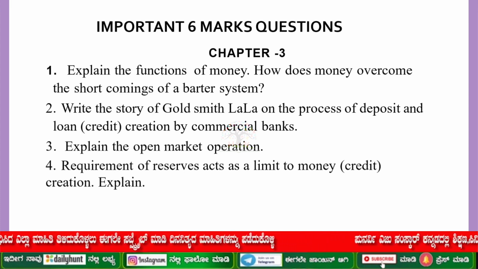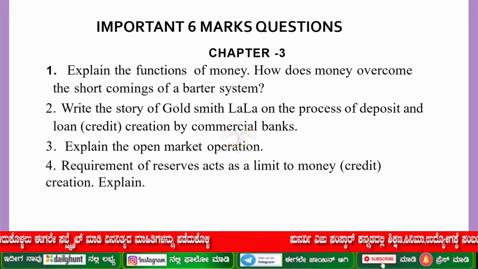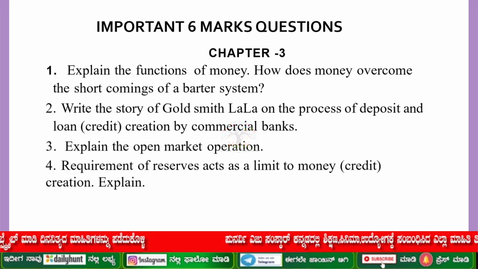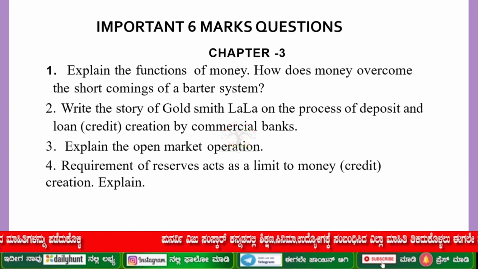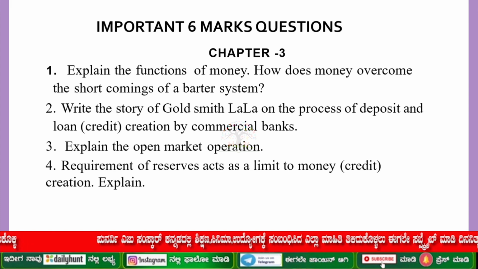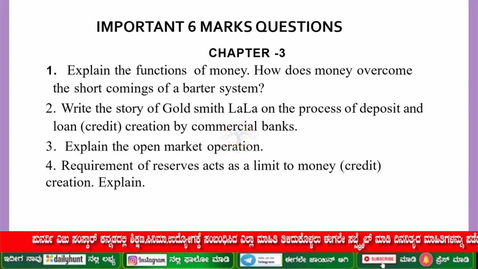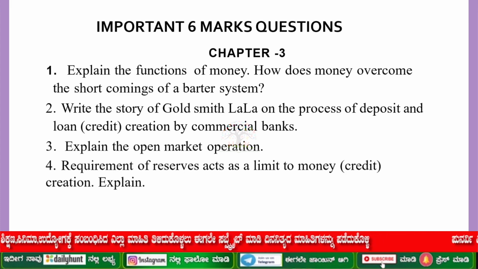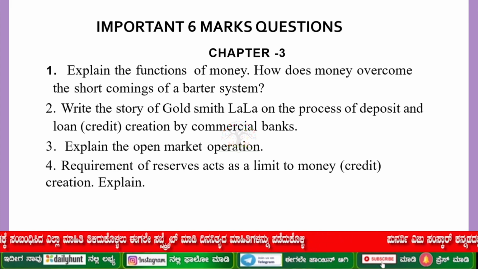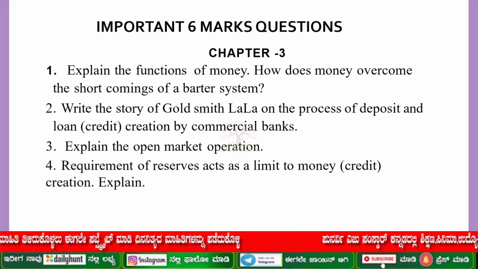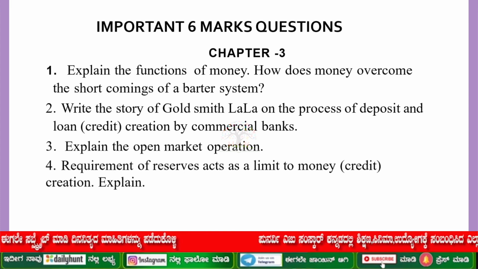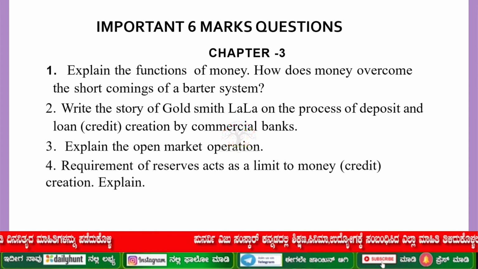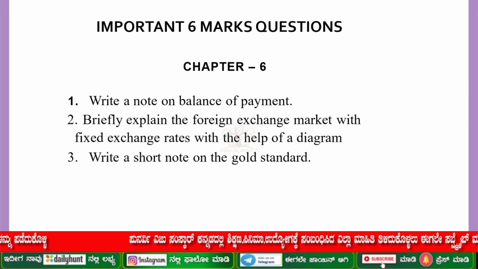Then write the story of Goldsmith Lala and the process of deposit and loan credit creation by commercial banks, and explain open market operation. Then the last one is: requisites of reserves act as a limit to money creation, explain. So out of these 4, you can expect one 6-mark question.